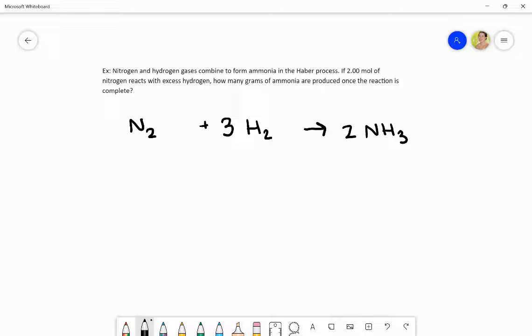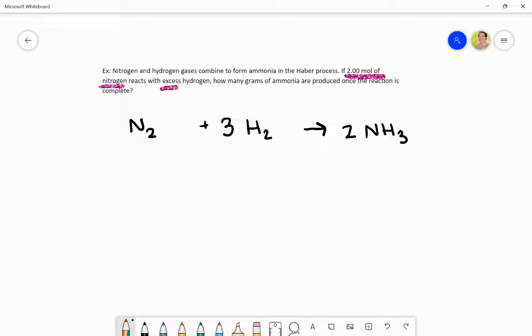Step number 2, now that my equation is balanced, I'm going to add in or otherwise show the information that has been given to me in the problem. So if we look at the problem, it says that I have 2 moles of nitrogen, and it reacts with excess hydrogen.